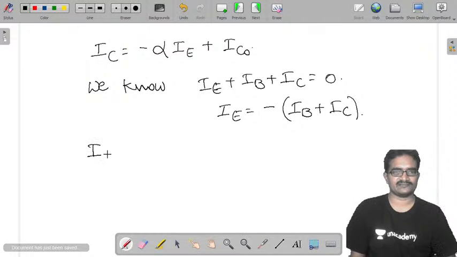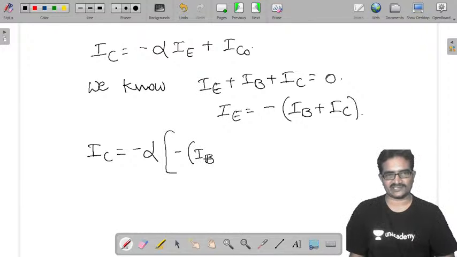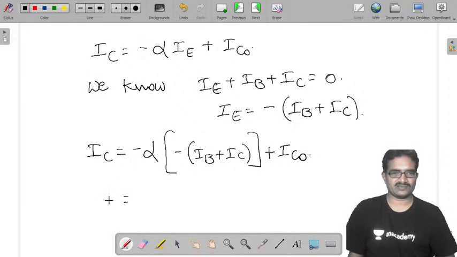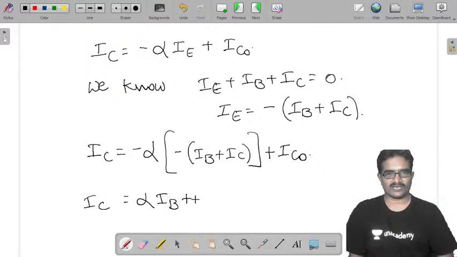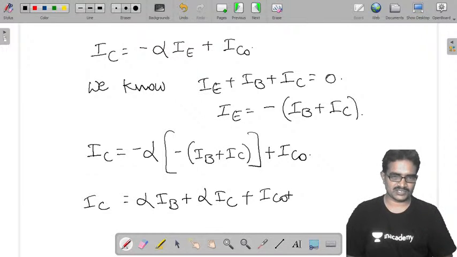Therefore, IC is minus of alpha into IE. IE is minus of IB plus IC, plus IC naught. Now it is IC is alpha into IB plus alpha into IC plus IC naught.